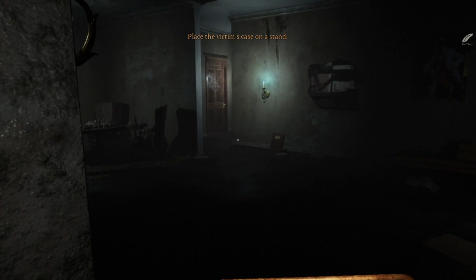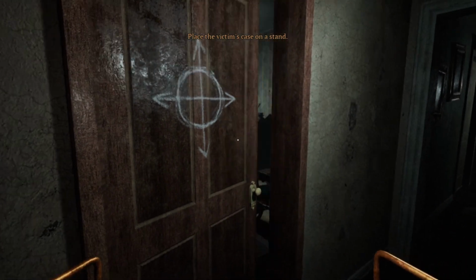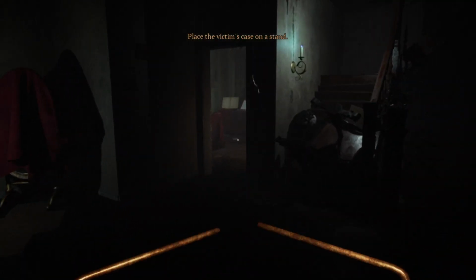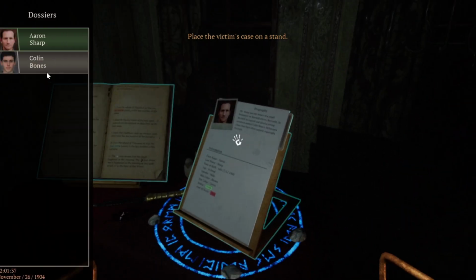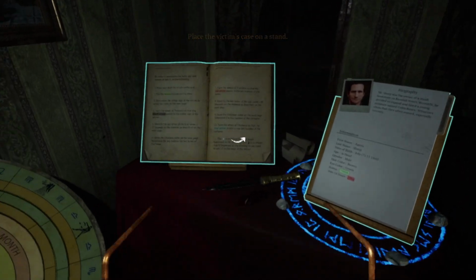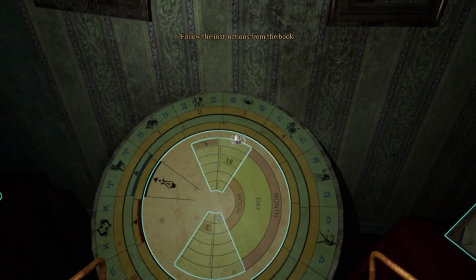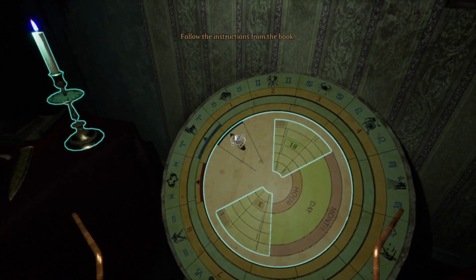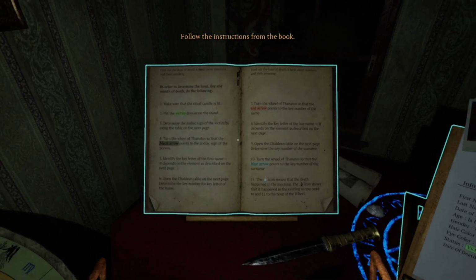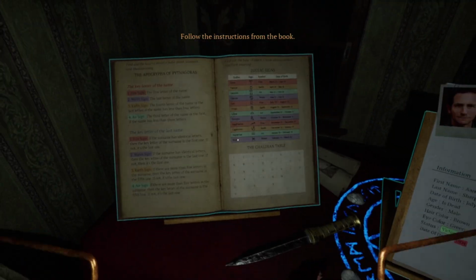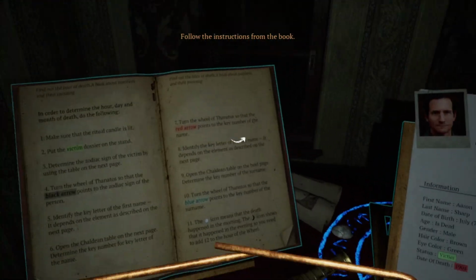Alright, we've got that. Oh, it's still wanting me to do things over here. Alright. Yes. There we go. Yes. Touch this some. Yes. Followed the instructions in the book.